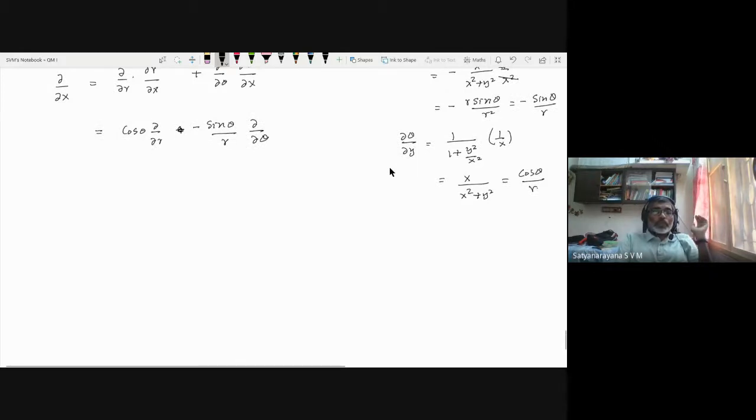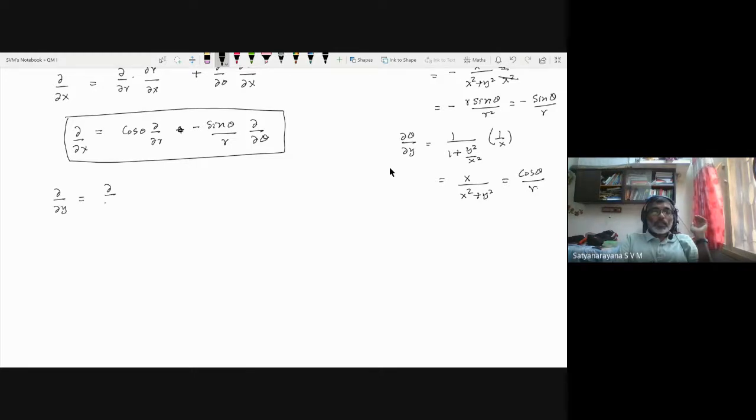Similarly, so this is your ∂/∂x. Similarly, we can write down ∂/∂y is equal to ∂/∂r into ∂r/∂y plus ∂/∂θ into ∂θ/∂y.